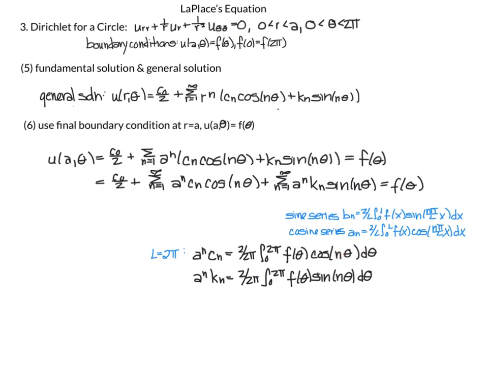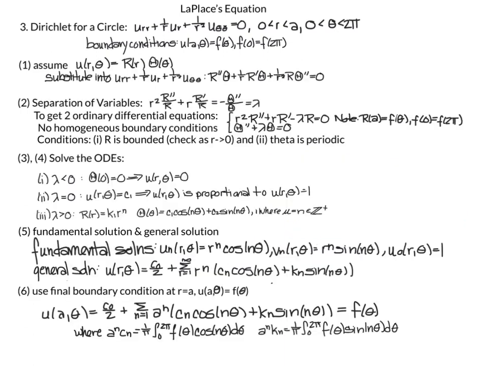And then a^n k_n for my sine series is going to be 2 over 2 pi, integral from 0 to 2 pi of f of theta sine of n theta. So our final solution is going to be our general solution here with c_n and k_n given by the formulas here from the boundary condition.